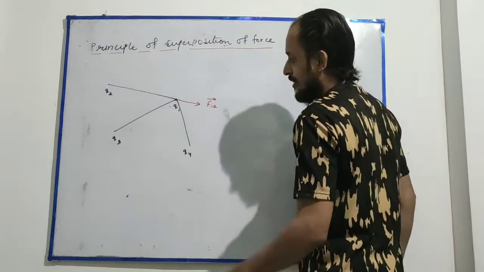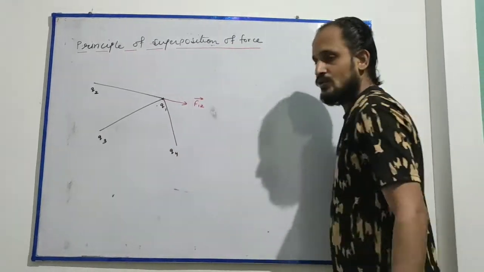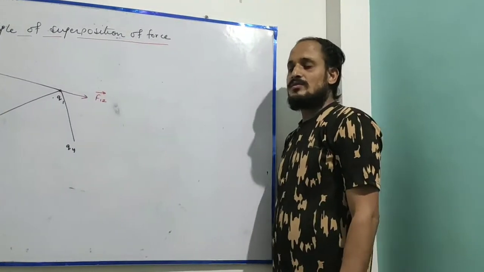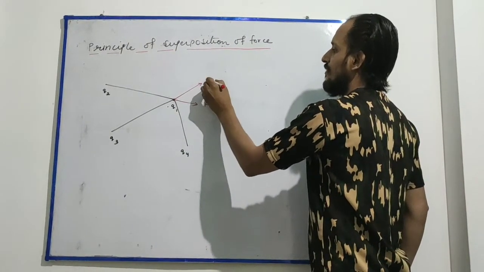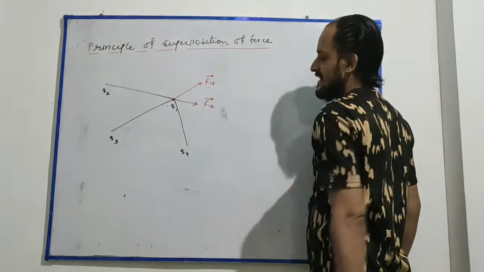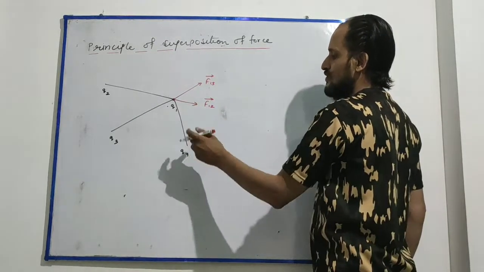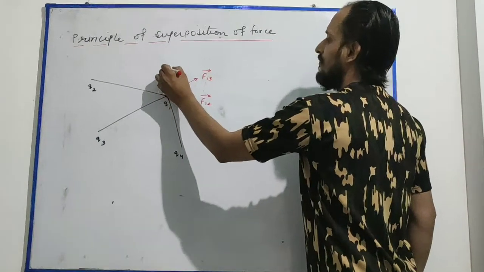The force on Q1 due to charge Q3 is also outward, F13. The force due to charge Q4 would be outward, F14.